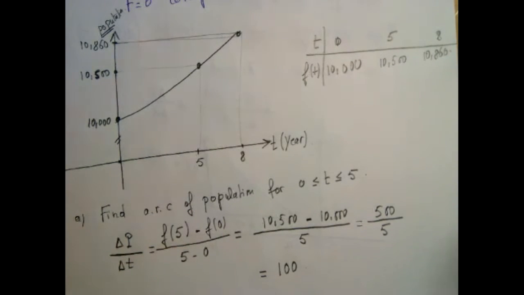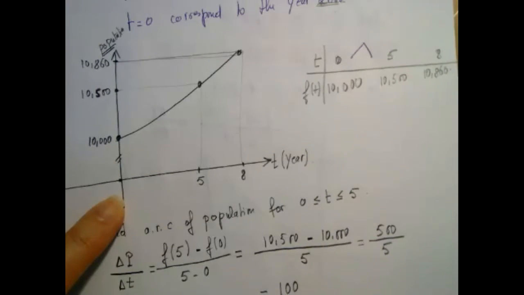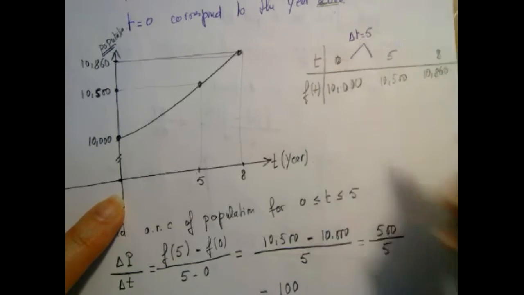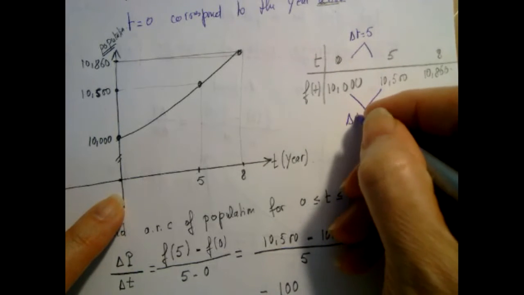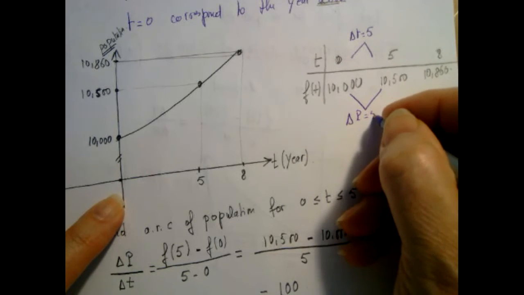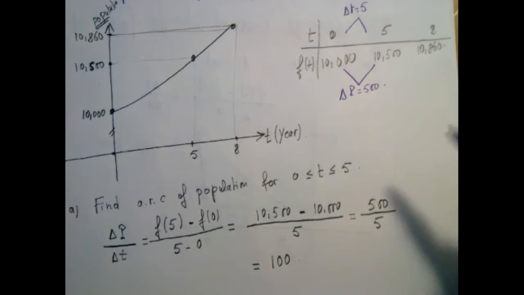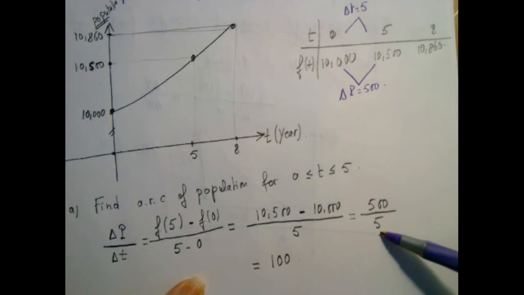So the population, let me go back here. Between 0 and 5, the population changed by 500. It took 5 years to change by 500. So when I'm dividing 500 by 5, getting 100, who can explain to me what this 100 is?